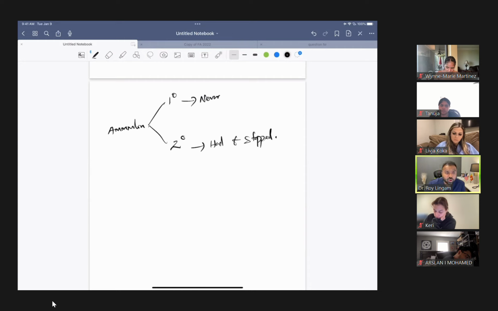So anytime we call it amenorrhea, primary and secondary. Primary means never had it. Secondary means had and stopped. Whenever a patient says, I had menstruation without any problem for a few years, but in the last 6 months or 9 months, I don't have it, mostly it's a hormonal problem, because if you have an anatomical problem, you would have never had it.